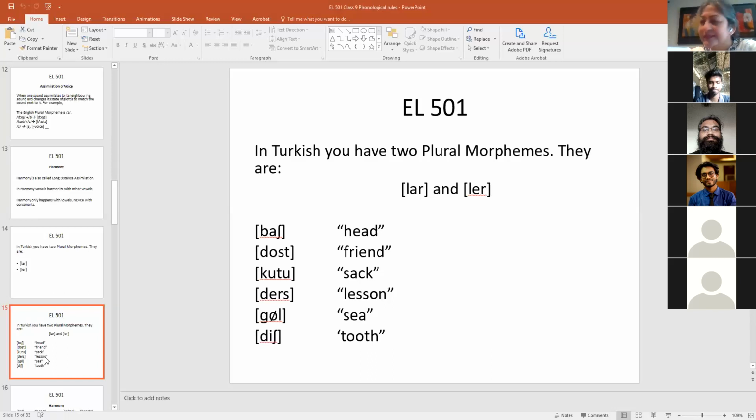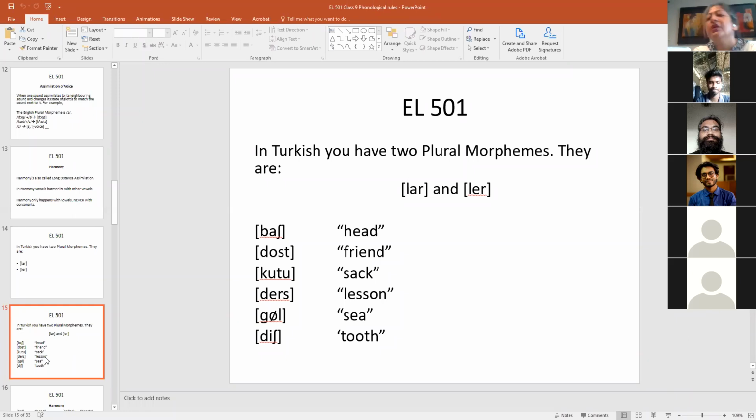What does harmonize mean? Assimilate. Assimilation means trying to become like the other, where there's something similar between them. So bash, lar or lair? Probably lar. Right. It has a back vowel and lar is another back vowel. So it will be bashlar.